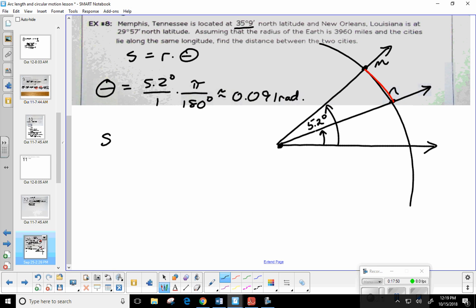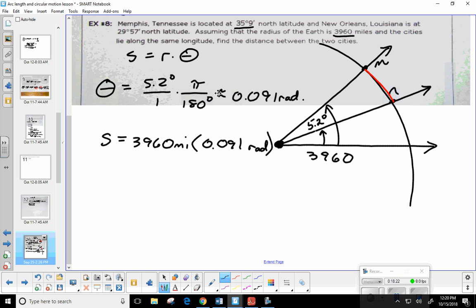Okay. So my arc length S is going to be, now what do you think the radius is? 3,960. Because imagine this right here, the vertex, that's the center of the Earth. We're looking at kind of a cross section of it. So 3,960 miles times theta in radians, the 0.091 radians that we just found.